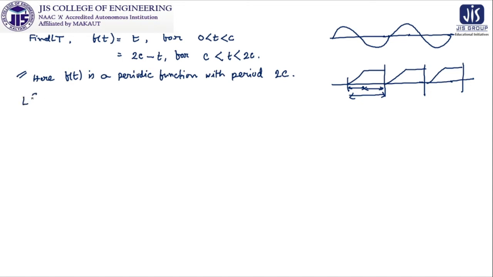Now the Laplace transform of f(t) is equal to 1 by, according to the property we discussed in the last slide, 1 minus e to the power minus 2sc, because here capital T is 2c, then integration from 0 to 2c of e to the power minus st f(t) dt.